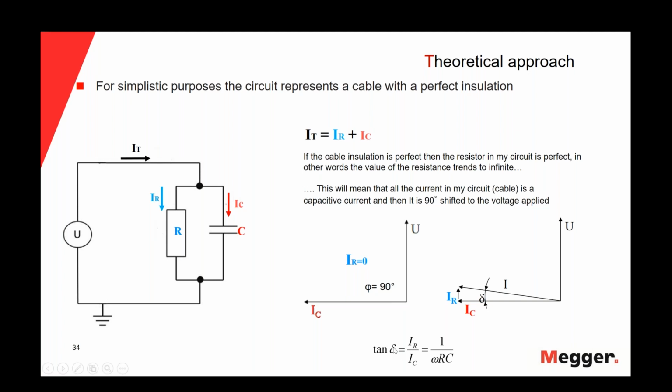If on the other hand I have a really low value of the tan delta, that means that my resistive current is really small, so I have almost a new insulation. This is pretty much the way the tan delta works.